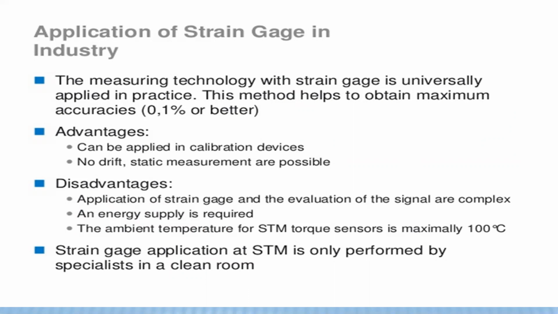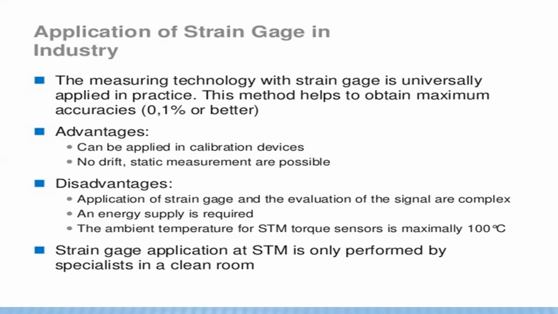Advantages: it can be applied in calibration devices, no drift, static measurements are possible. In different applications, strain gauges are used in different industries, companies, labs and measuring devices.